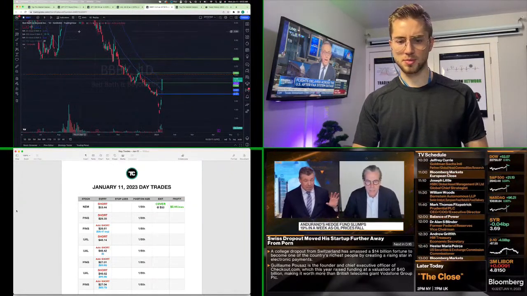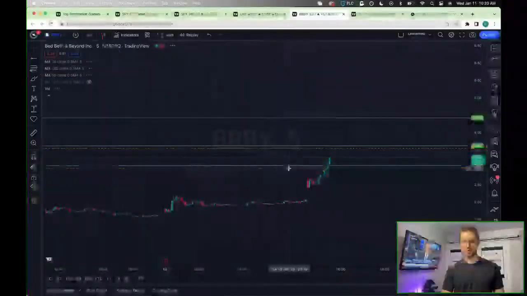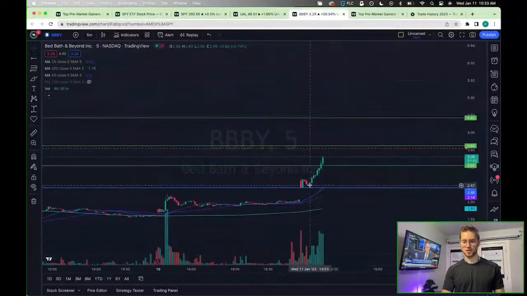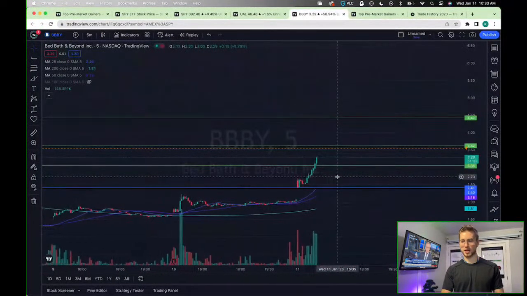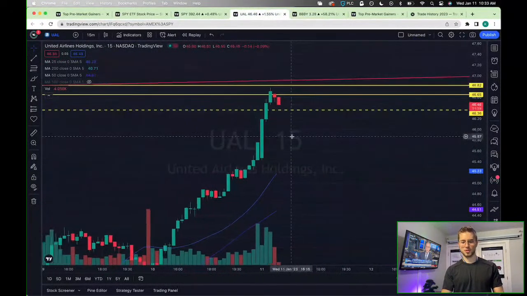Look at this BBBY. Let's go to the 5-minute chart just to see what we have going on. Look at those candles. 1, 2, 3, 4, 5, 6, 7, 8, 9 green candles in a row. The spider's coming down, so UAL is coming down. We're almost in the money on UAL.